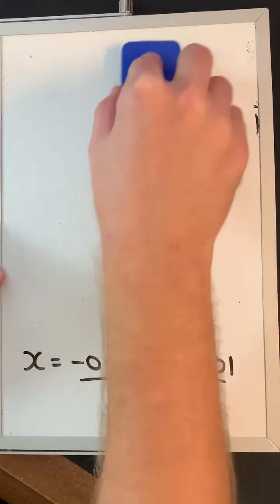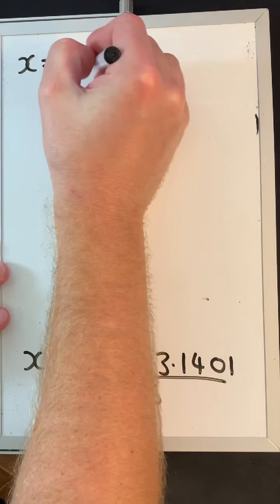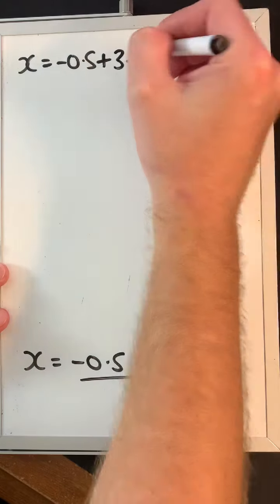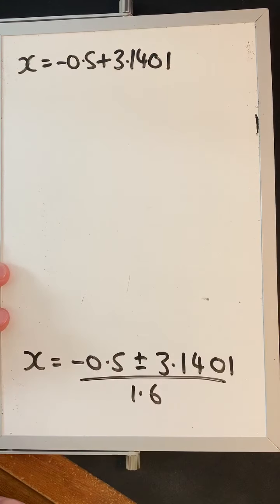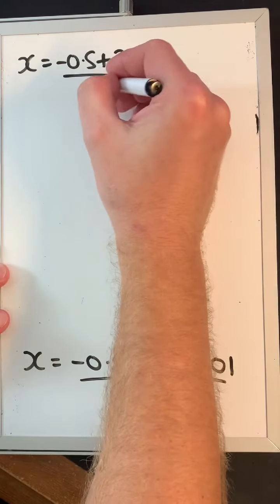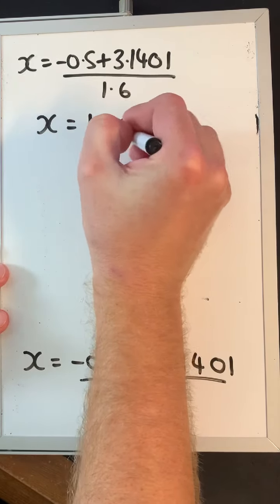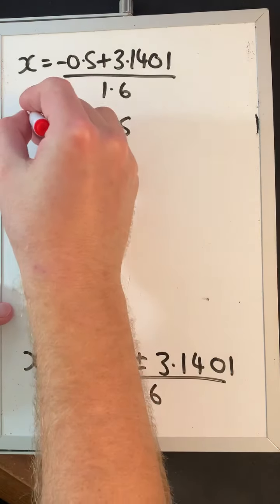So what have we got? x is equal to minus 0.5 plus 3.1401 over 1.6. So if we do that one first, we get x is equal to 1.65. So that's the first root.